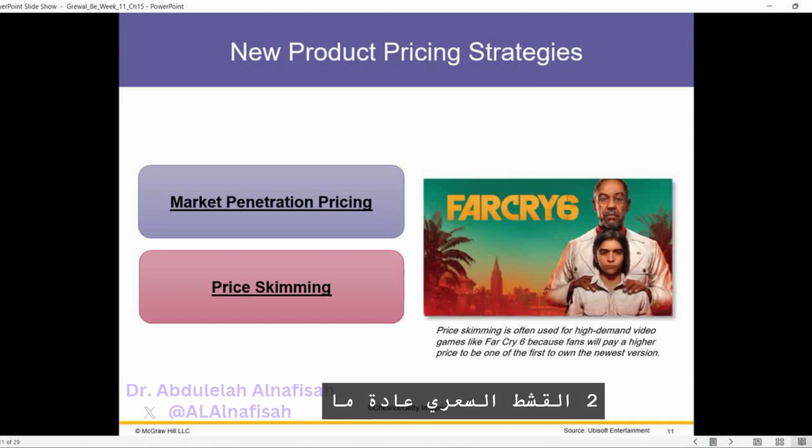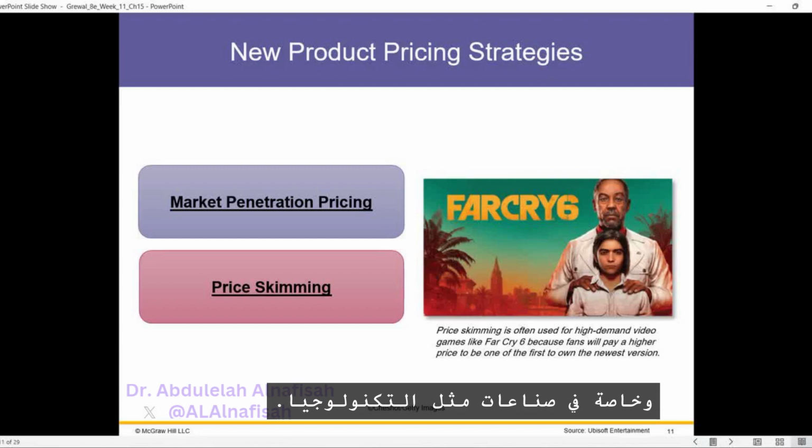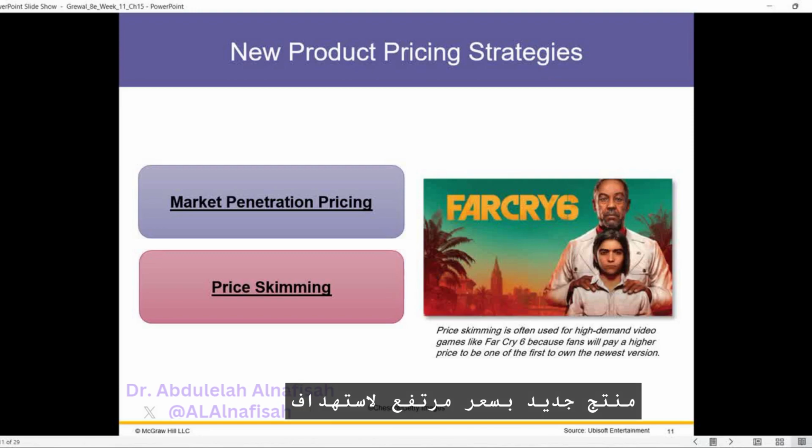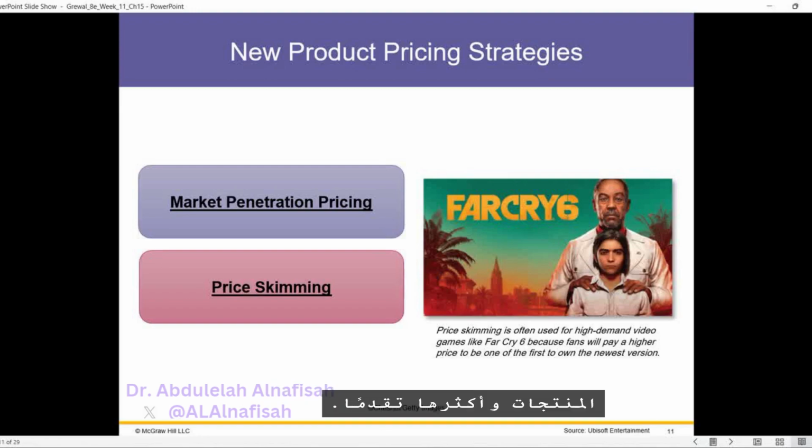2. Price skimming. Price skimming is typically employed for new and innovative products, particularly in industries like technology. In this strategy, companies initially offer the new product at a high price to target customers who are eager to purchase the latest and most advanced products.